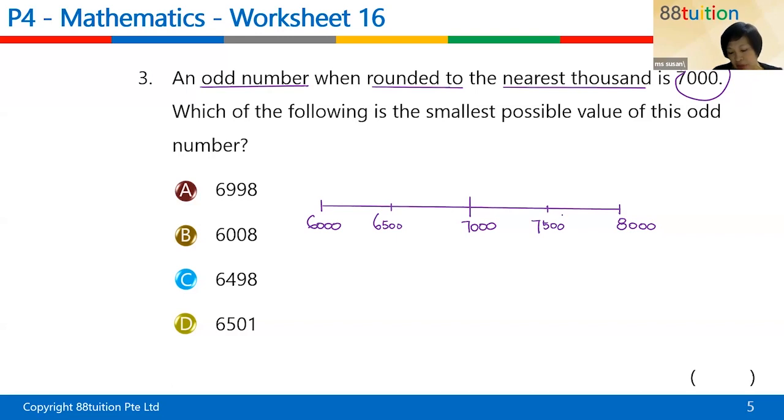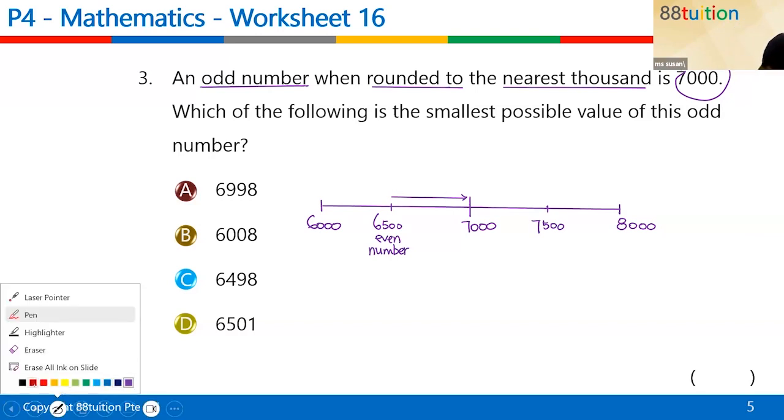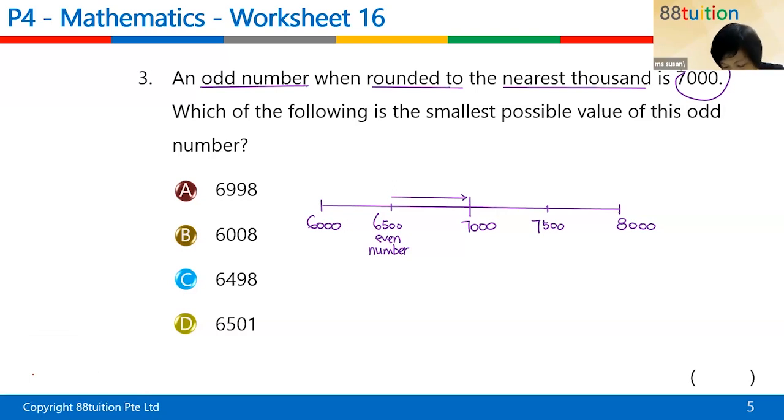So if I look at the midpoint, 6,500 is here. This is nearer to 7,000, but this is an even number. So not possible. If this is an even number, who can tell me what is the next odd number after 6,500? He wanted an odd number. Anyone? Clara also can. Joel? What is the odd number there?